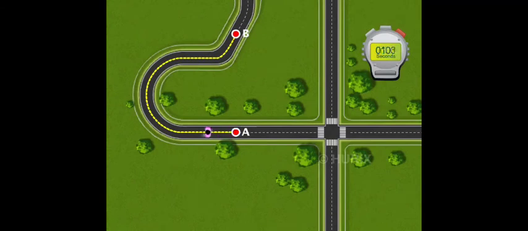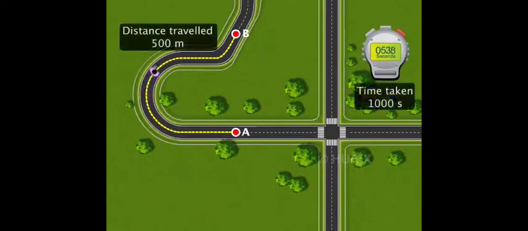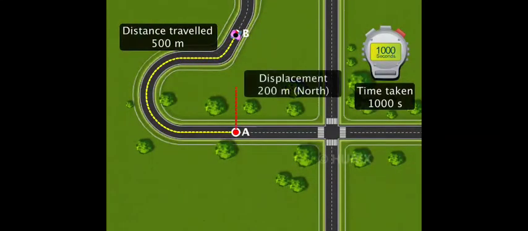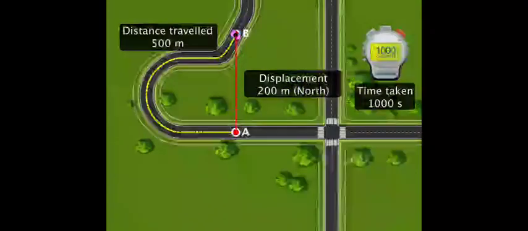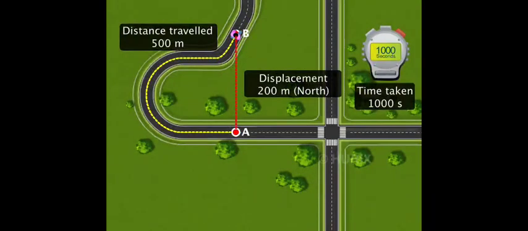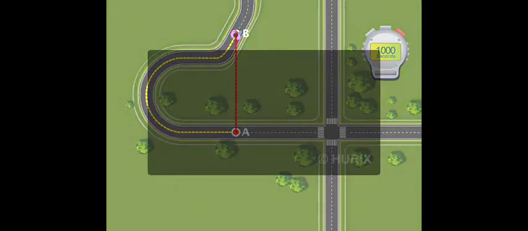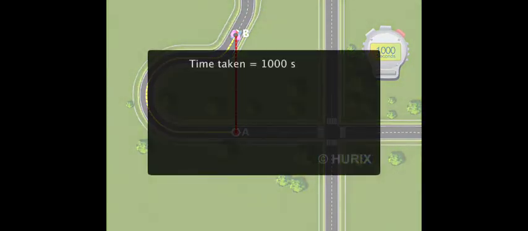While traveling from point A to point B, this person covers a distance of 500 meters in 1000 seconds. However, the displacement he experiences is only 200 meters. His average velocity is calculated as shown here.